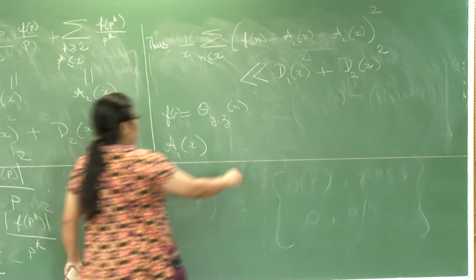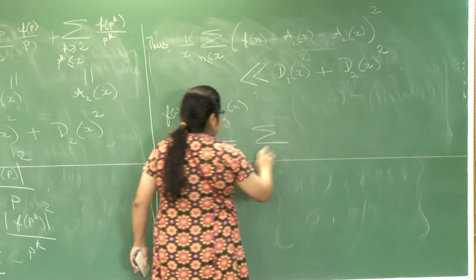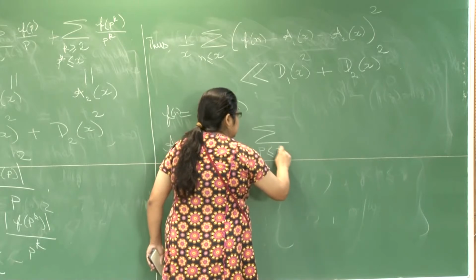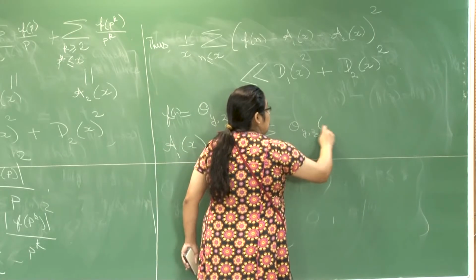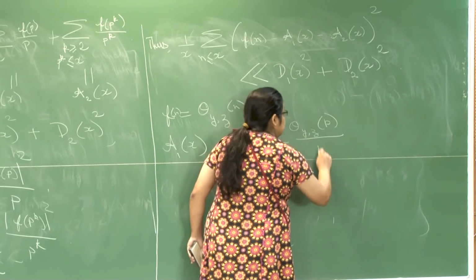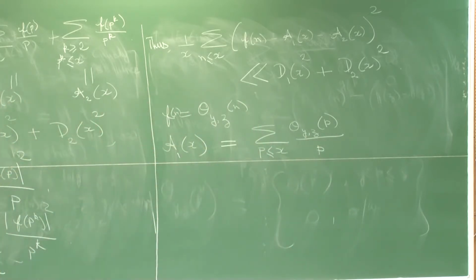It is equal to the summation over all those primes up to x of theta_yz(p) over p. But remember, theta_yz(p) is capturing the value theta(p) provided p lies between y and z, and 0 otherwise.